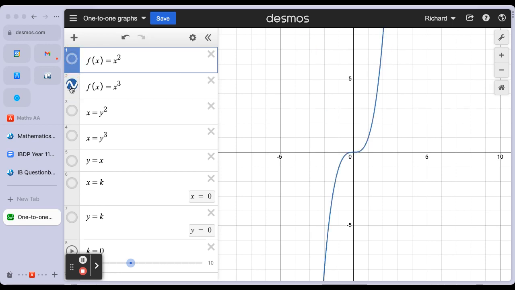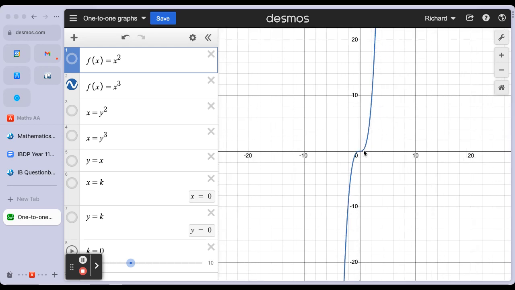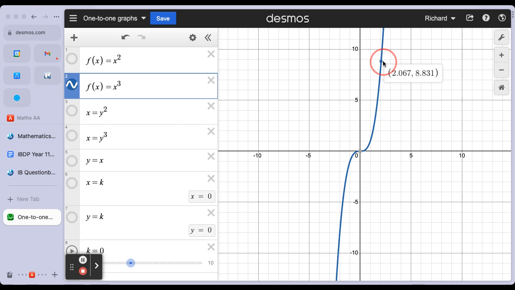For a cubic like this, that is a one-to-one function. If I look at the value 8, it is found when I input 2, because 2 cubed is 8.